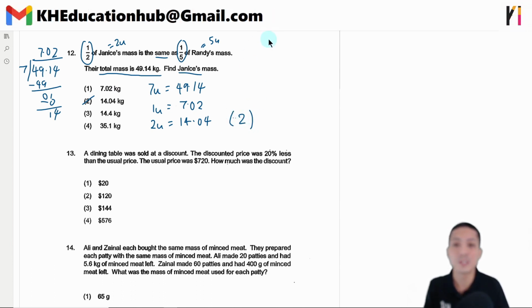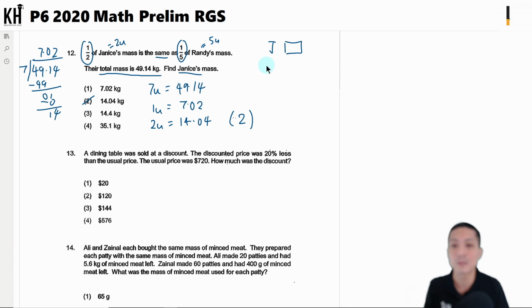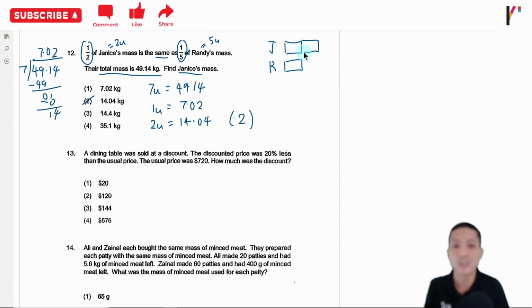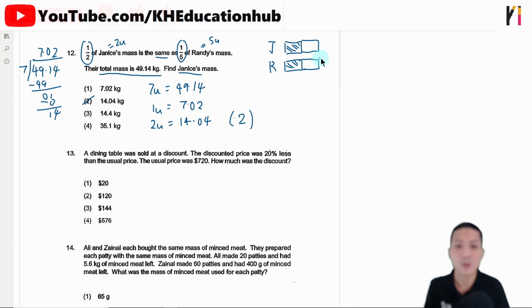You can also solve this by drawing a model, because of half of Jenny's mass. You need to draw one block for Jenny. Randy is another block of the same size. Then fill it up, because this will be half, so this should be the same as this. For Randy, we need to fill up another 4 more: 1, 2, 3, 4.